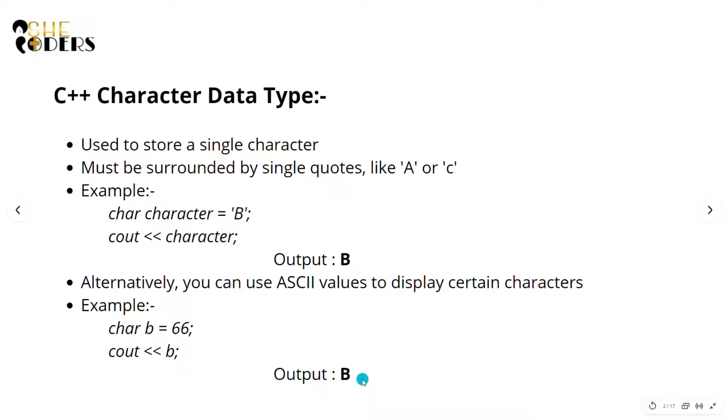So whenever we directly give any valid integer ASCII code to a character, we will get the respective character as output.